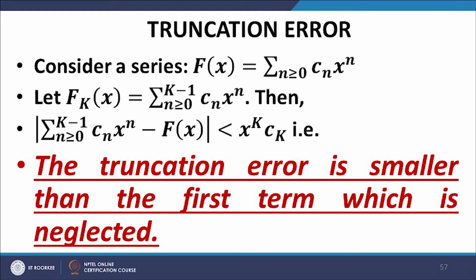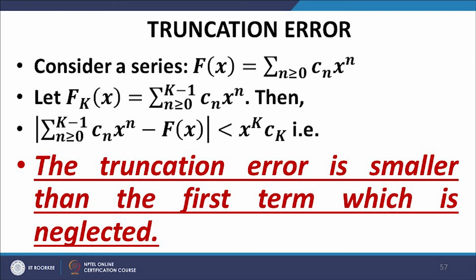Let us see how we do it. Consider the series f of x equal to summation c n x to the power n. This is an infinite series, and let us say we truncate the series at a certain value k.